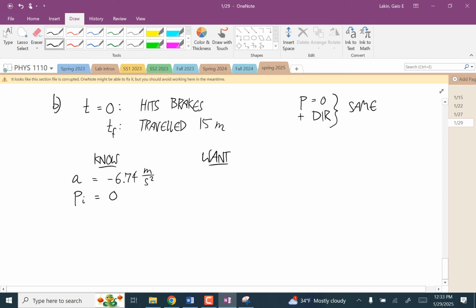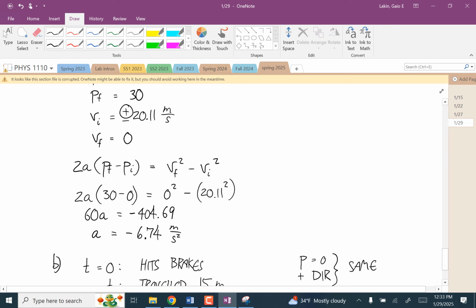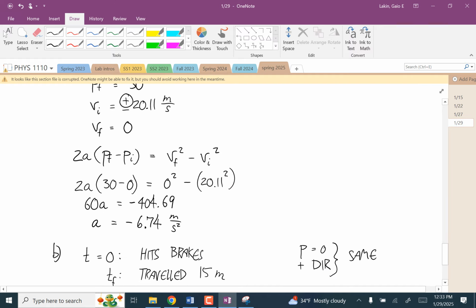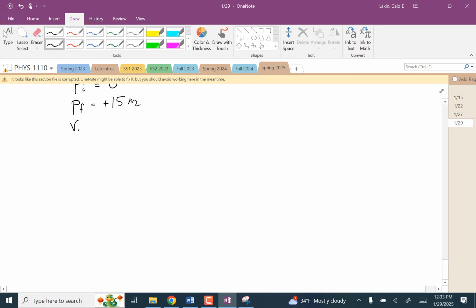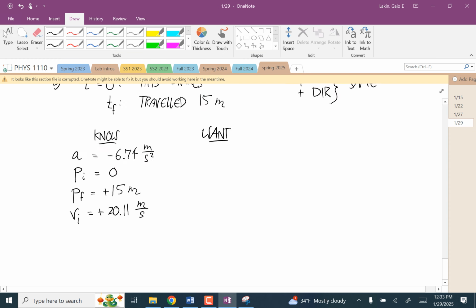So in this case, now that our time final is when it's traveled 15 meters, if you start at 0 and travel 15 meters in the positive direction, you're at a location of positive 15 meters. The initial velocity is positive 20.11 meters per second. And this time we're trying to find VF.